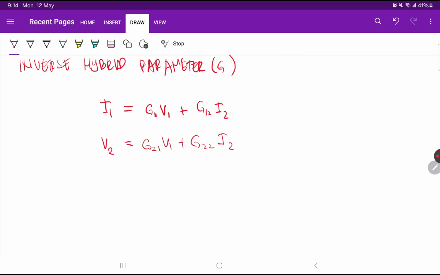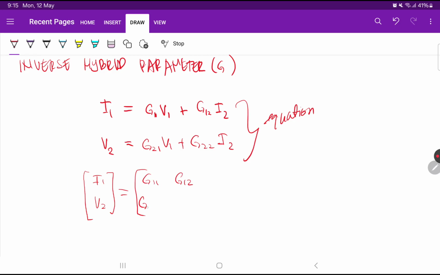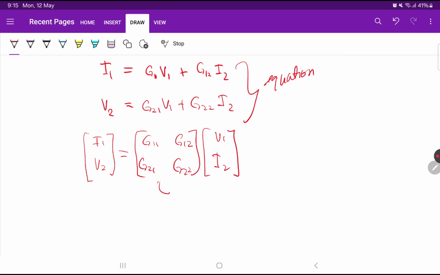So in matrix form, our dependent variables are I1 and V2 instead of V1 and I2. And our coefficients are the G parameters, G11, G12, G21, and G22. Then our independent variables are V1 and I2. So this is called the G parameters or the inverse hybrid parameters.